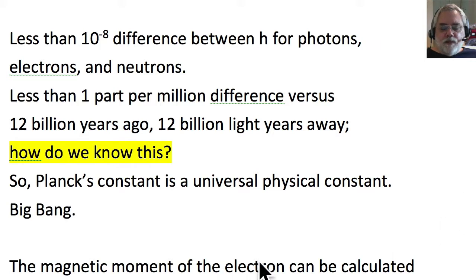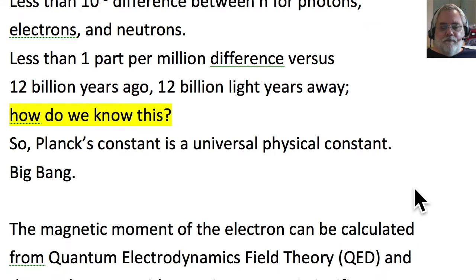We can measure that. We could take big macroscopic magnets and shoot electrons across magnets and make measurements. So we can experimentally determine the magnetic moment of the electron. It can also be calculated, but it can't be calculated from ordinary undergraduate non-relativistic quantum mechanics.